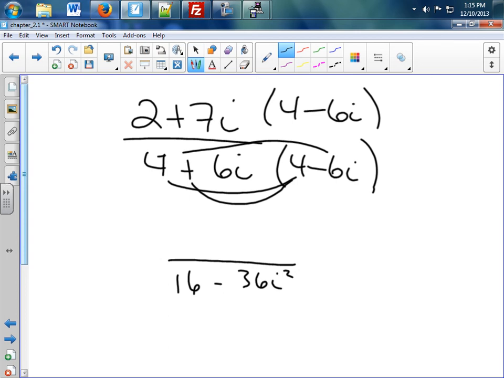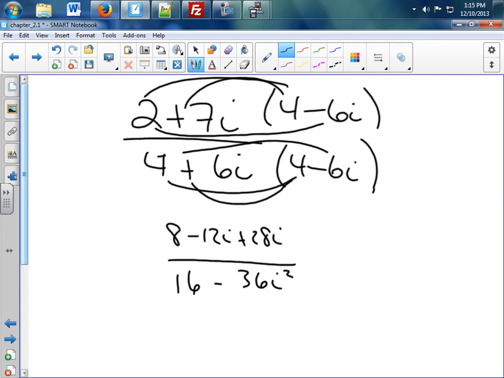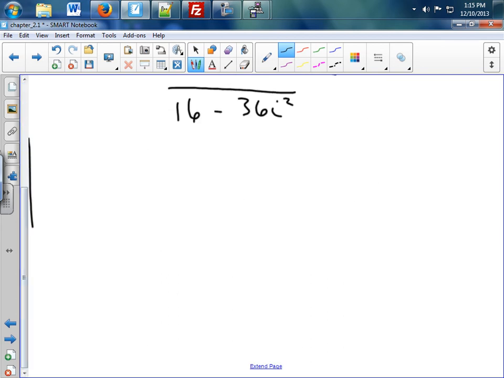All you do is square this one, make it a minus, and square that one. The top now we have to FOIL out, which is 2 times 4 is 8. Outside is minus 12i. Inside is plus 28i. Last is minus 42i squared. Please don't cancel the i squares. Don't do that. Okay?